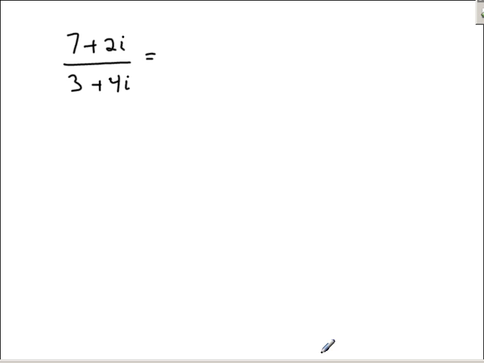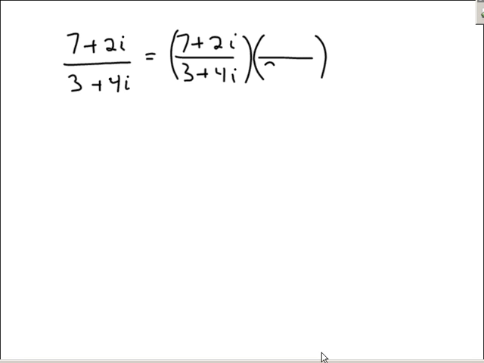If you want to change the way something looks, you take that something, and I just did, I wrote it down, and you multiply it by 1. You can always multiply by 1. If you want to change the way something looks, you multiply by 1. And in this case, I want the bottom to be 3 minus 4i. Because when I multiply those bottoms, I'm going to get 3 squared plus 4 squared, and that doesn't have any i's in it.